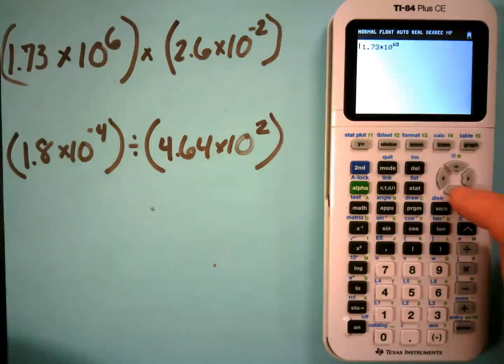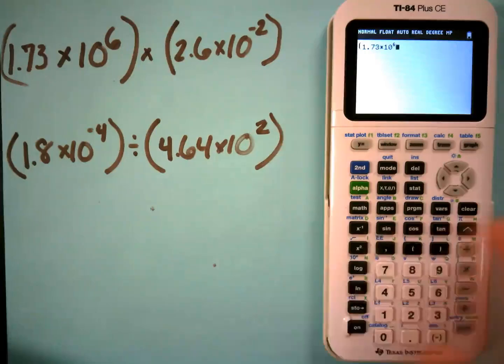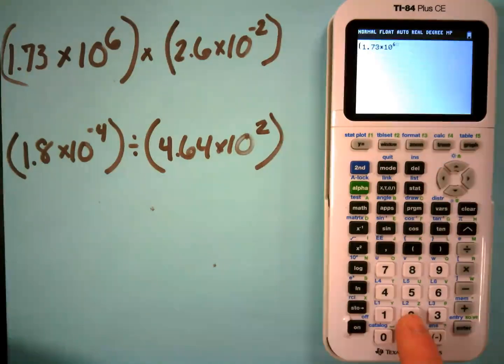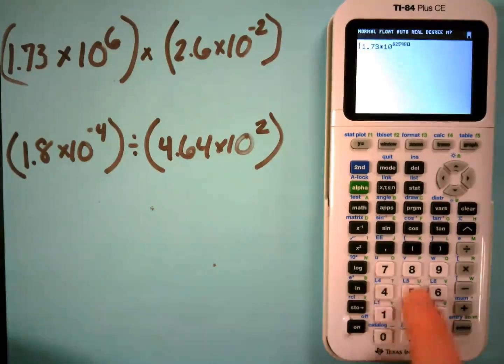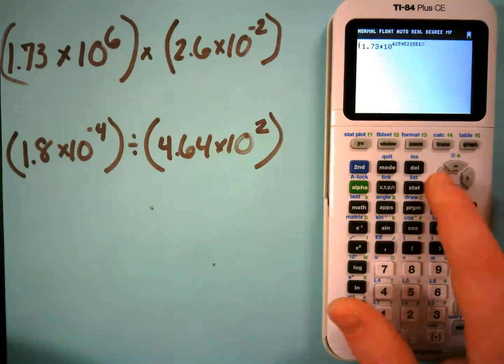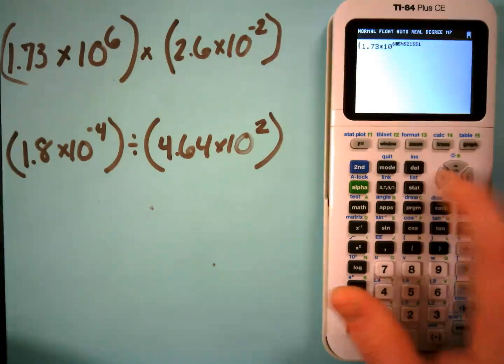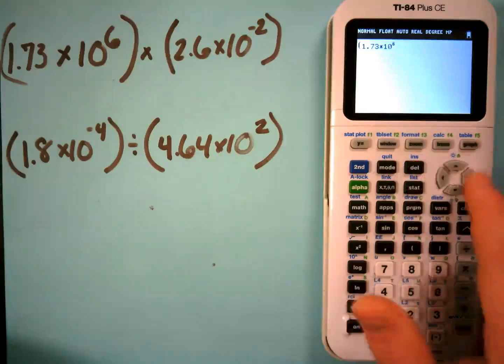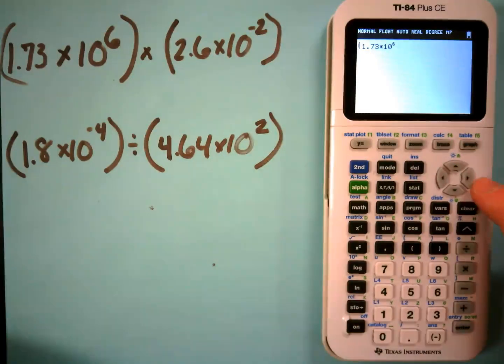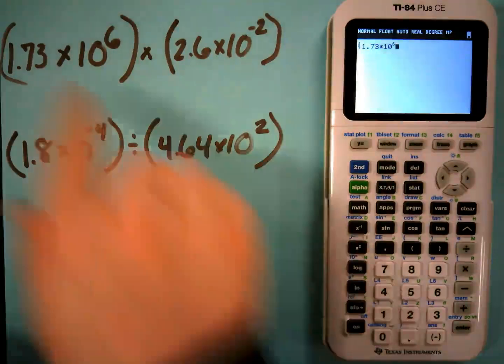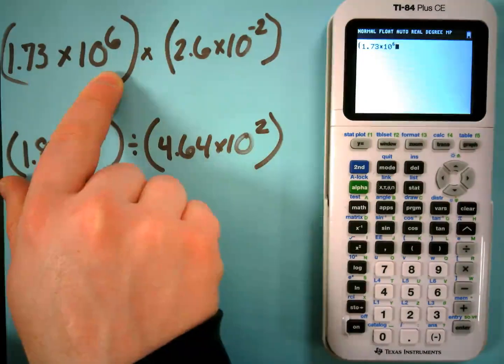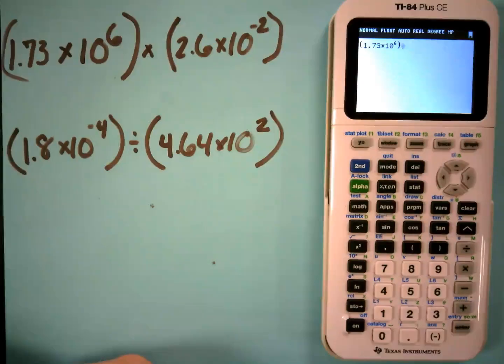Next, I have to hit the side arrow, because if I click anything else, it includes it in the exponent, and I don't want to do that. I just want the 6. So after I hit that 6, I hit the side arrow, and now that I've got 1.73 times 10 to the 6th power, I close my parentheses.